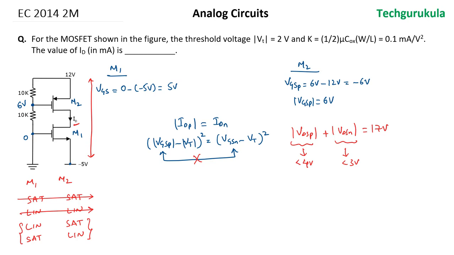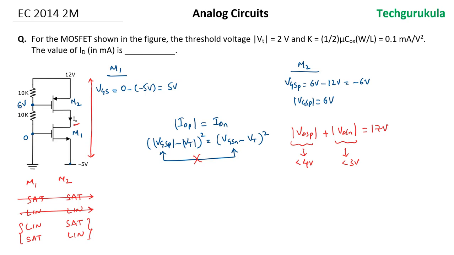Now the question is, which one should be in saturation and which one should be in linear region? If you look at this, as both the transistors have similar characteristics like Vt and K, only the VGS is different, but the current flowing through the two transistors is the same. Which means if we assume M2 to be in saturation region, that current cannot be supported by M1 because its VGS is smaller.